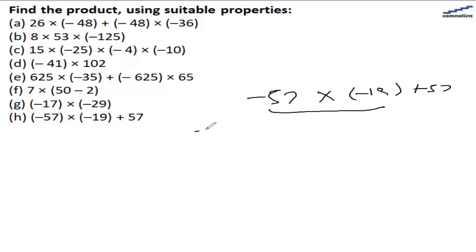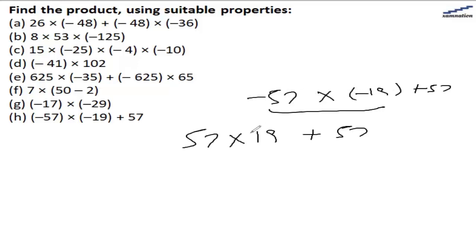The H part: we have minus 57 multiplied by minus 19 plus 57. These terms are multiplying, and this product is getting added to 57.